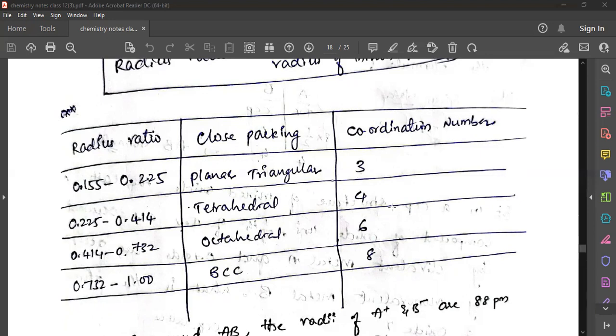Okay. So what is the radius ratio in the case of trigonal planar? Can anyone tell me?